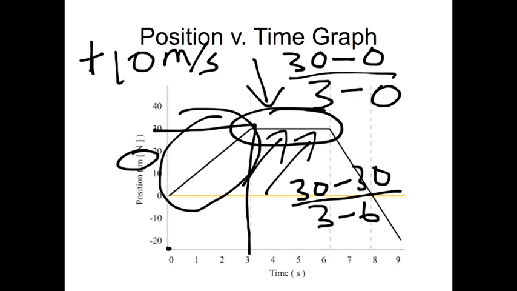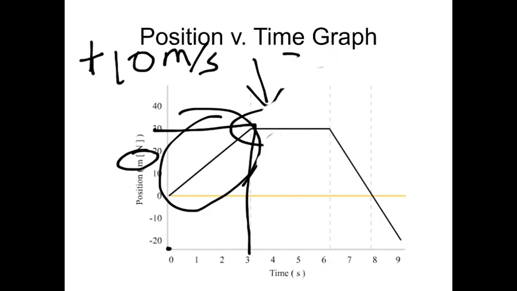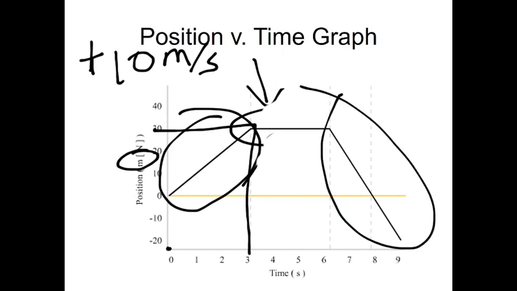Finally, let's say we wanted to know the average velocity between 6 seconds and 9 seconds. Hopefully, you can look at this graph and tell that it has a negative slope. It's sloping down and to the right. To calculate the slope of that line, again, we're going to find change in y over change in x. At 6, our y coordinate is 30. At 9, our y coordinate is negative 20.